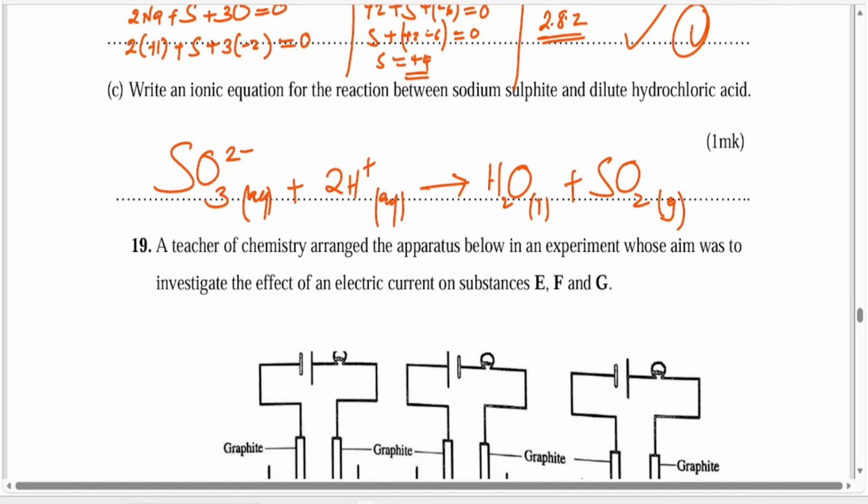Why am I balancing with 2 for hydrogen? Because water has 2 atoms of hydrogen. So writing this correctly gives you 1 mark.